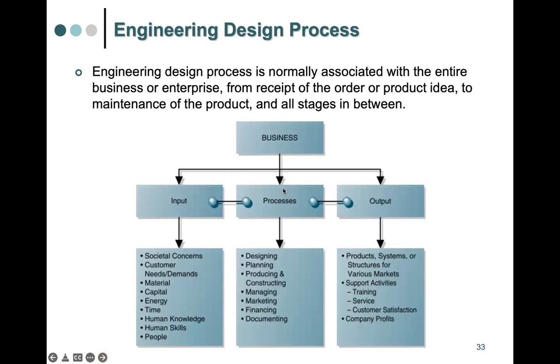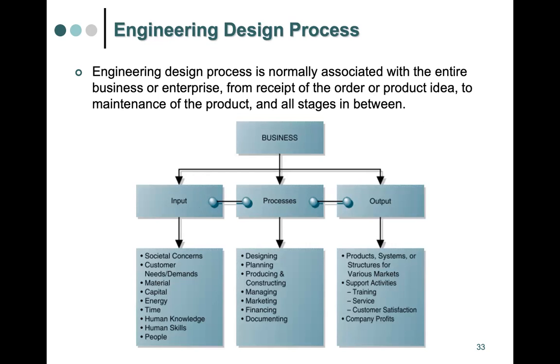So the engineering design process is normally associated with the entire business enterprise. We start with the input: we need the material, the capital, the energy, the time, and also the social concern, the customer need. What is customer need?